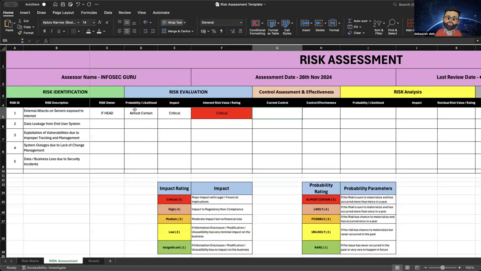Now let's say the IT team has multiple controls to safeguard these servers. Like if it is a web server, we will have a web application firewall. We have IPS. We may have some EDR solution. Now we will do a control effectiveness assessment and understand if these controls are effective. So after these three, do you think the attack from external is still possible?